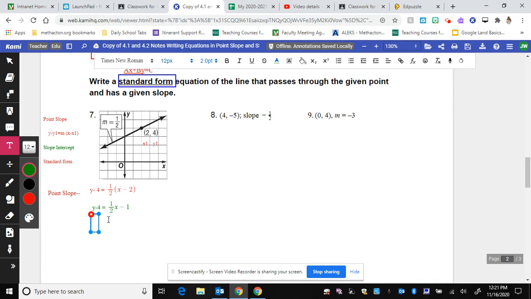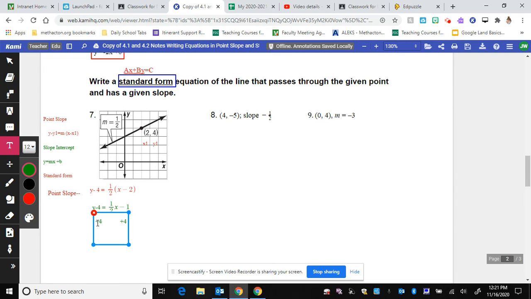I still can simplify this because I need to get into slope intercept, which means I need to go into y equals mx plus b. So here I need to subtract or add that 4 because it's a -4. So when I add 4, do it to both sides.